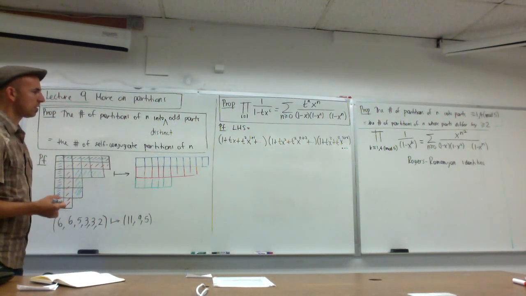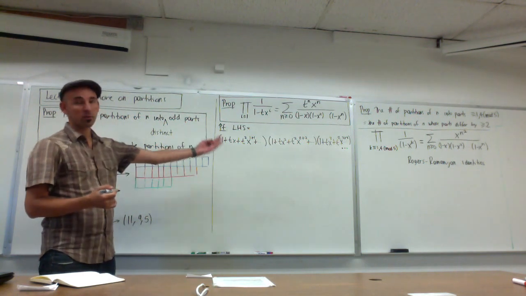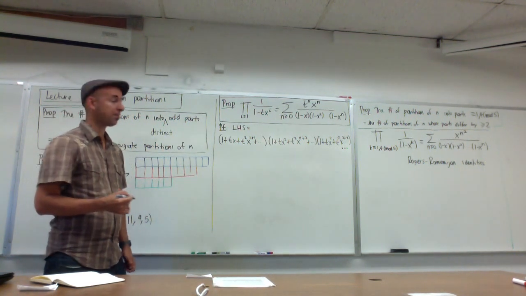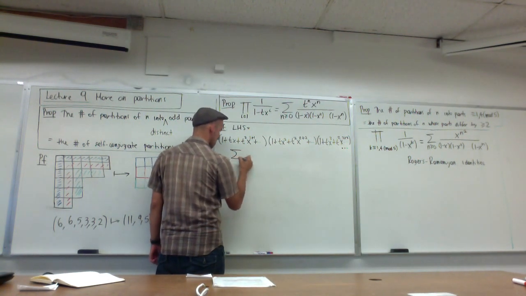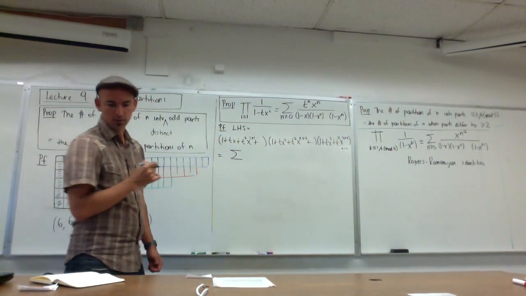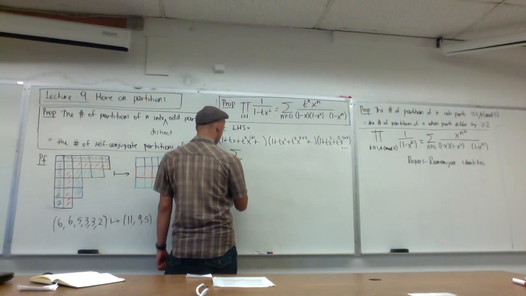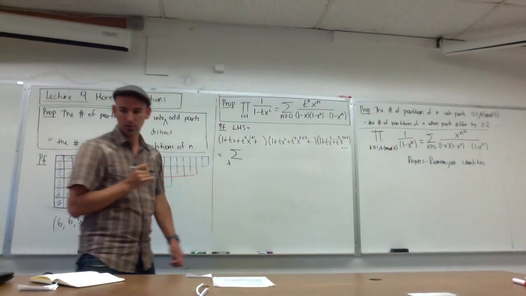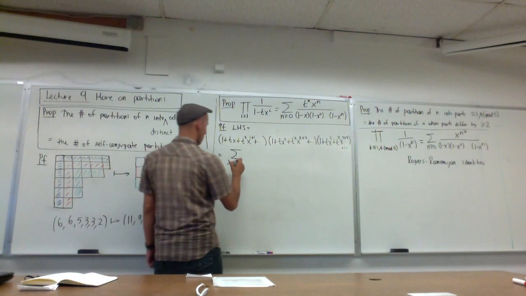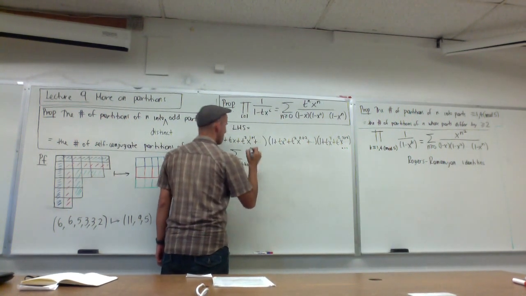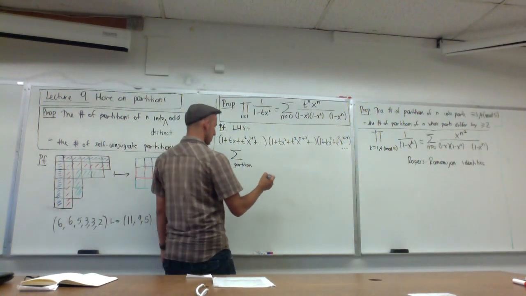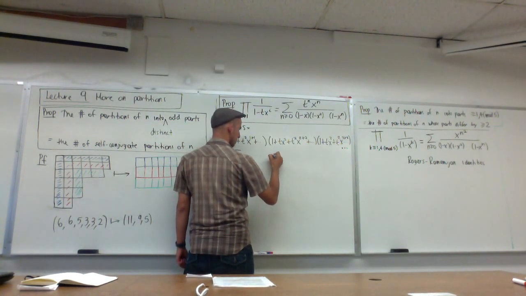So what is this? Well, we actually did this already without the t. And so we said that this was actually a sum over partitions lambda.